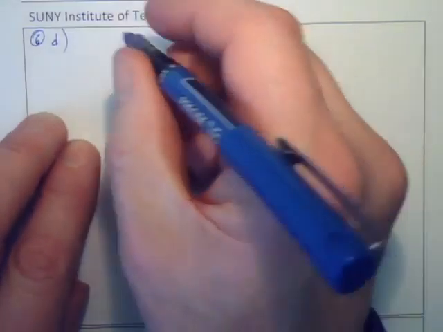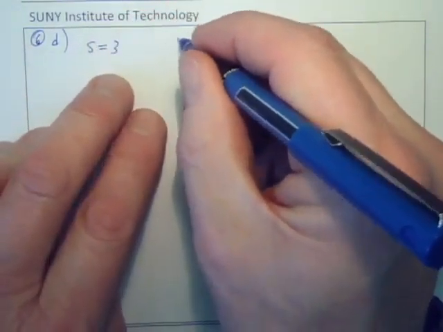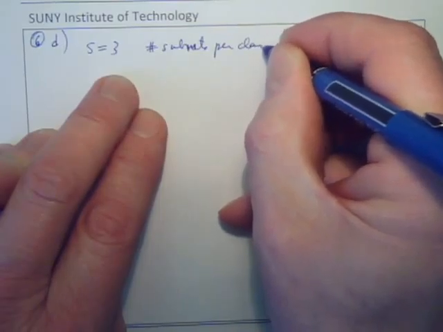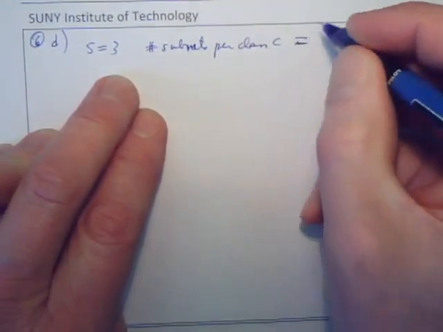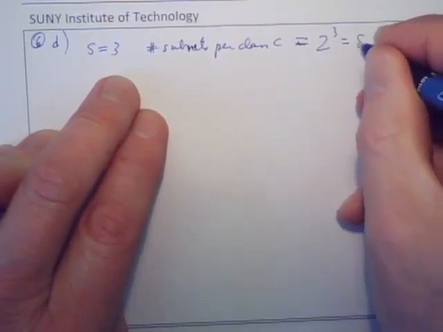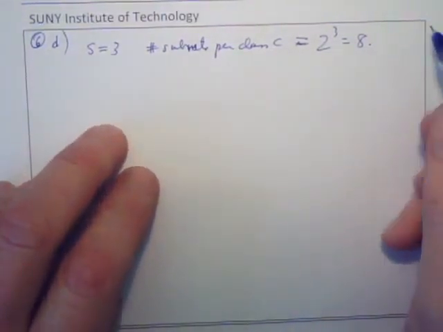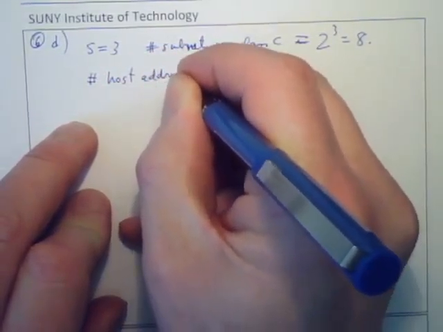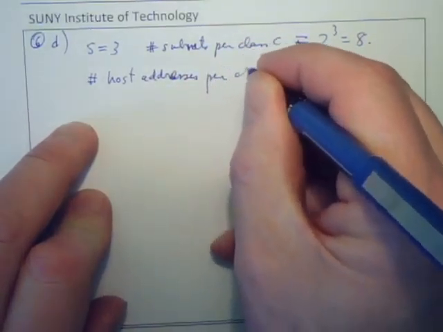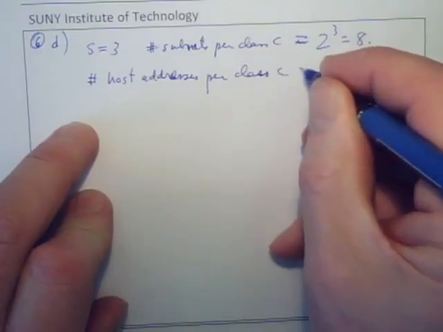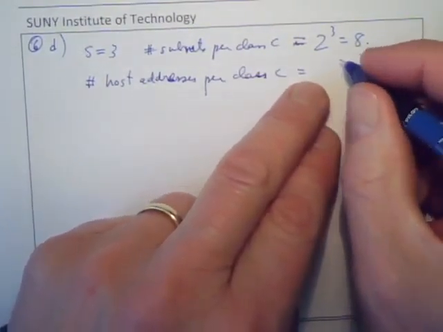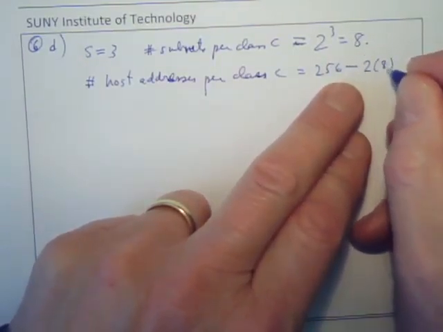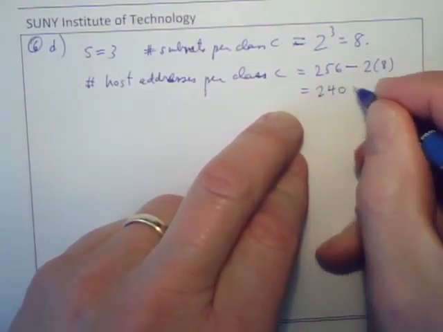I have S equals 3, and therefore the number of subnets per Class C is equal to 2 to the third, or 8. And so the number of host addresses per Class C is equal to 256 minus 2 times 8, or 240.